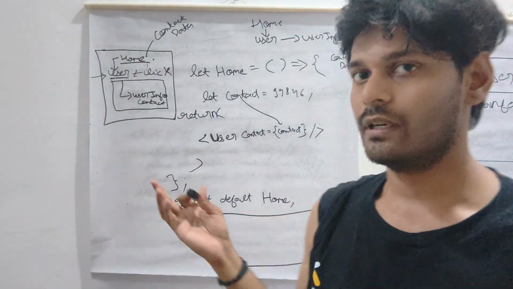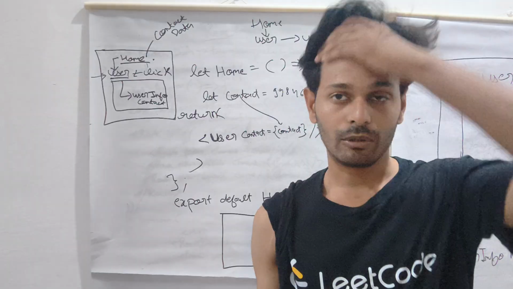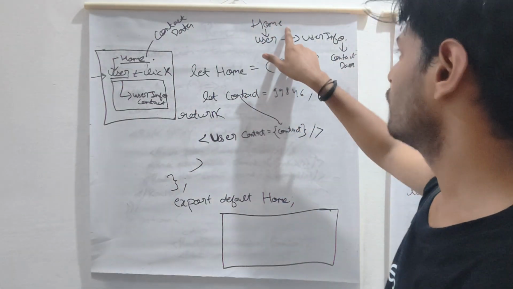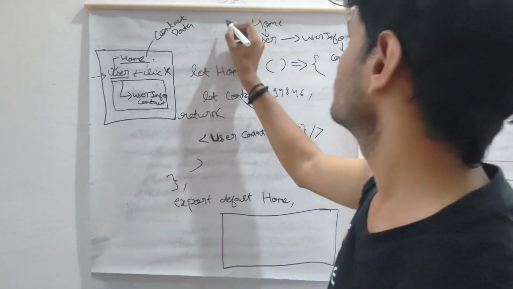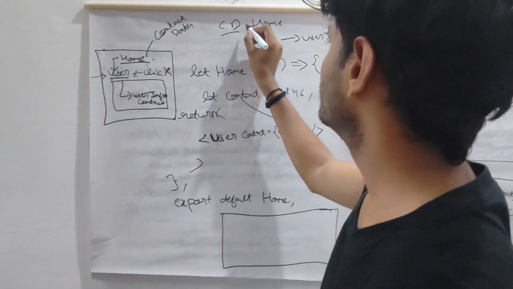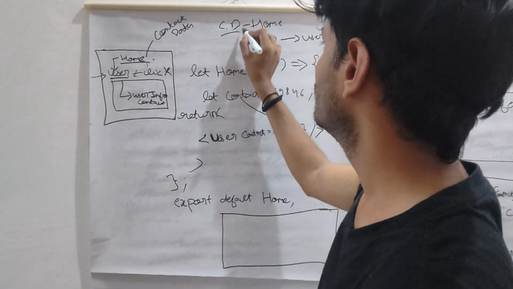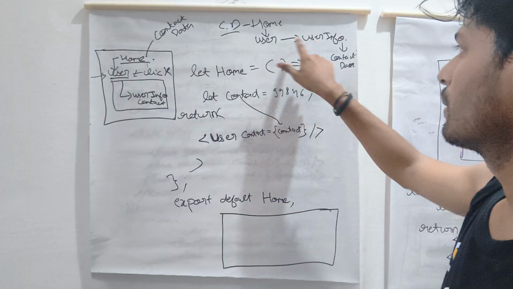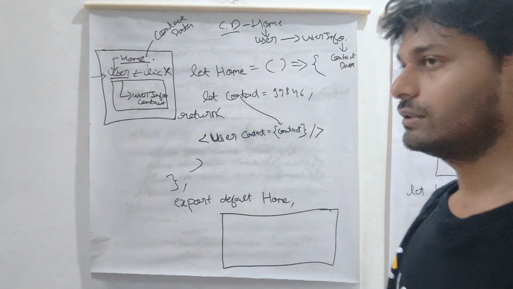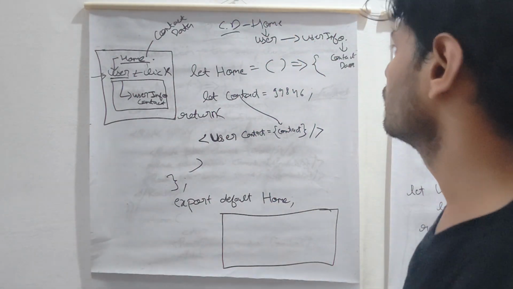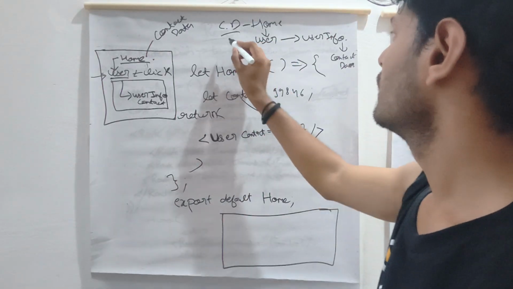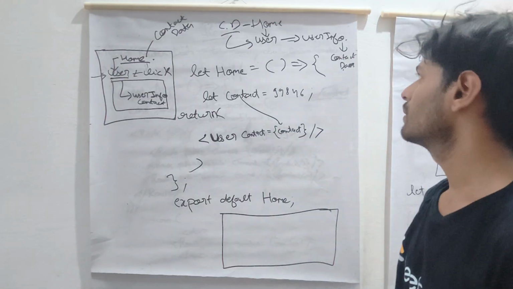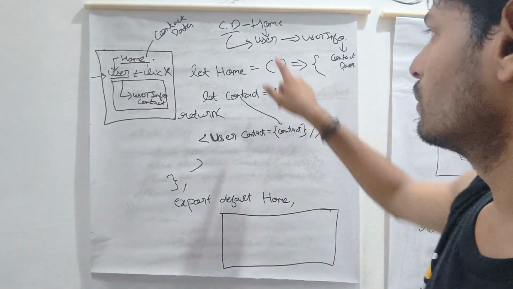Props is the way which we use to pass data, although we do not always use it, because if I want to send this contact data, let's say CD, which is present in home, to user info, since they are not directly connected, I cannot send it directly. I have to send this data to user from home, and then from user to user info.